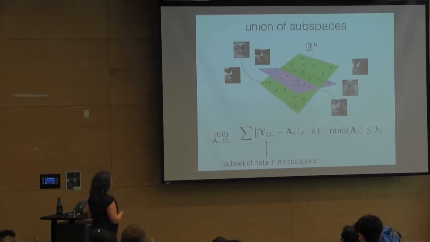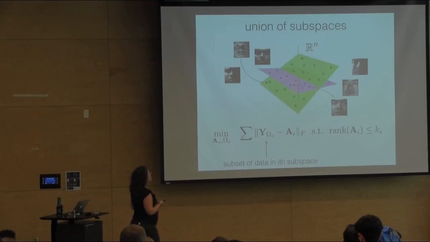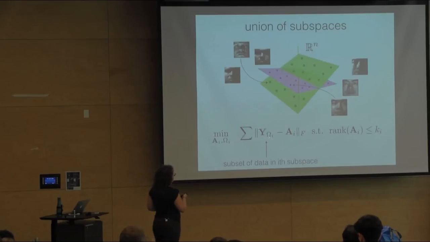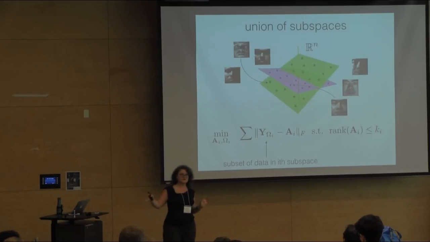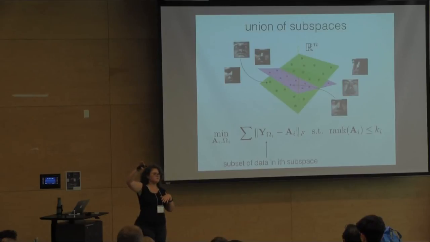And now our objective function gets a little trickier, but basically it's just now saying I'm going to partition my data into different sets. Each of those will have their associated low rank approximation, and my goal is to both figure out how to partition the data, and then I'll just do a PCA or some other linear dimensionality reduction on each of those clusters of data.